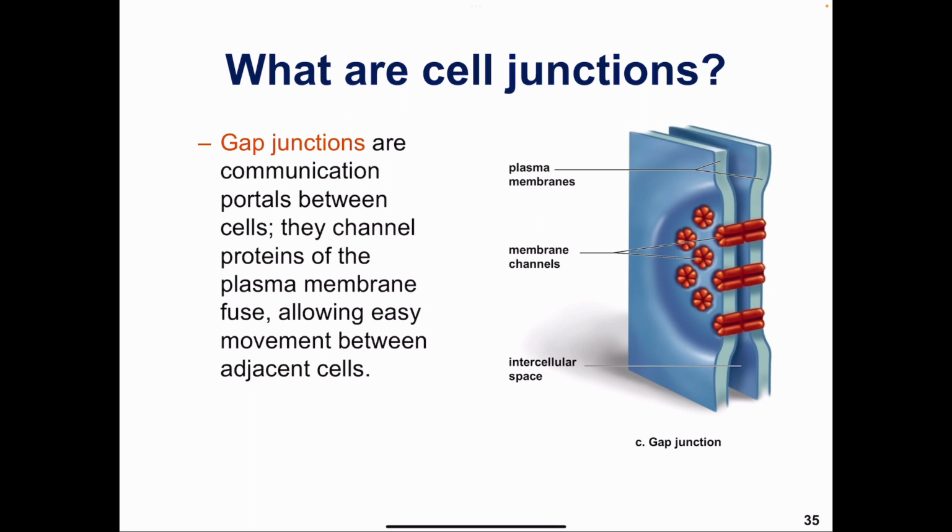And then the last type of junction that we are going to address is going to be the gap junctions. The gap junctions are going to occur in tissues where there is a need for communication between neighboring cells. If you consider, for instance, the heart beats as a syncytium, right?